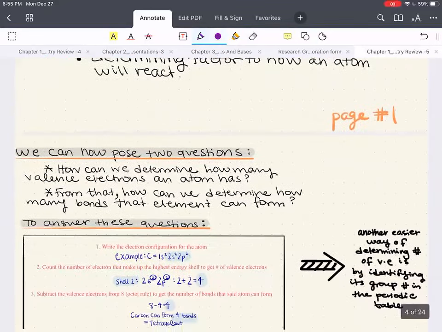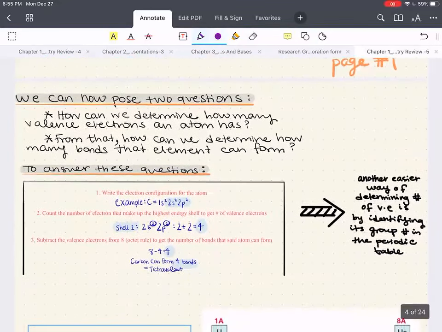Well, from that definition, you can ask two questions. How can we determine how many valence electrons an atom has? And then from that, how can we determine how many bonds that atom can form? There are two ways to answer these questions.